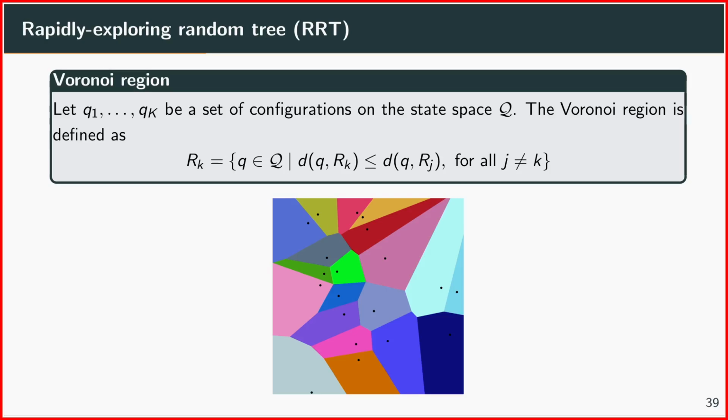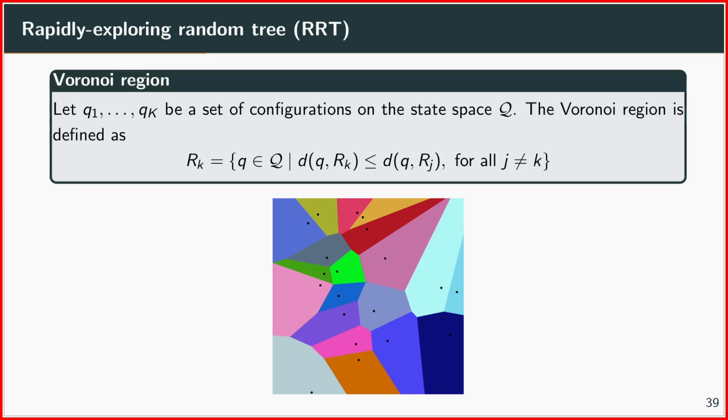Let's say you have q1 until qk in your configuration space Q. Then the Voronoi region is basically defined as all the configurations which are nearer to a certain configuration from your set of configurations than to all other possible configurations which you have here in your set.